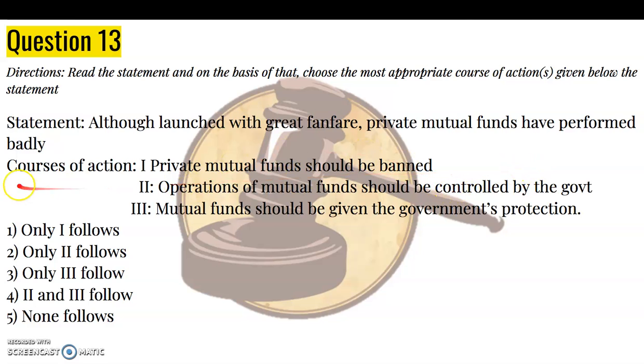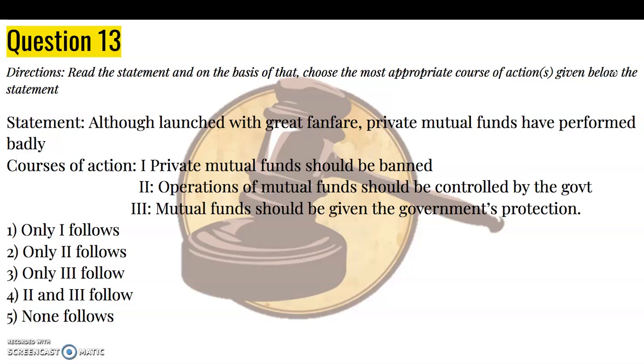So I don't think two will follow, and we don't know about the government's credibility. Mutual funds should be given the government's protection. Controlling is a different thing, but yes, if they are performing badly, then government should definitely protect them. So the answer would be only three follows.